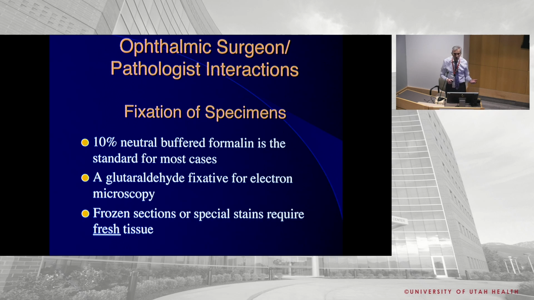Because the worst thing is you're in ocular plastics Friday at 5 o'clock, you want a fresh specimen, you hand it to the nurse who puts it in the box, and we come in Monday morning and find it, and it's been sitting there unfixed for 2.5 days. So call us ahead of time if you're going to send fresh tissue.